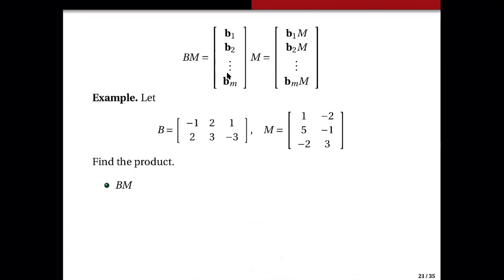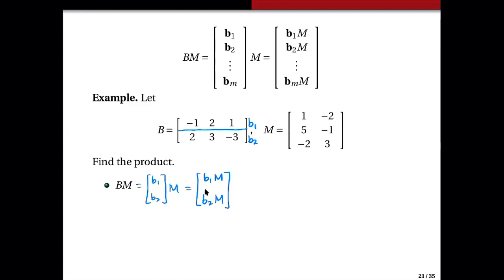In this example, this is your B1 and this is your B2. So BM is B1, B2 multiplied by M, giving B1M and B2M.